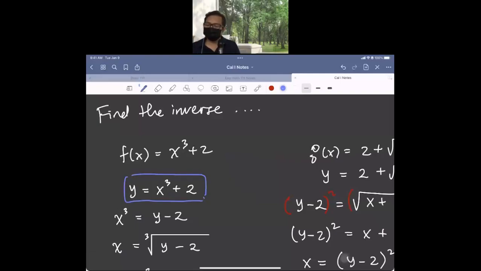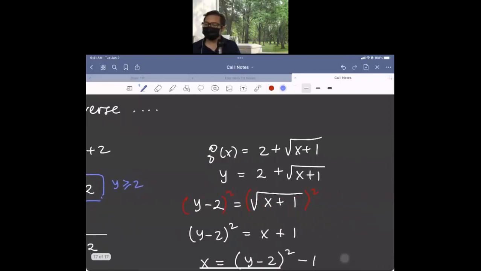Because 2 is a constant, y should start from 2. And this is also the same. So we need to keep in mind that the y value is going to be greater than or equal to at least 2, because of the constant 2.